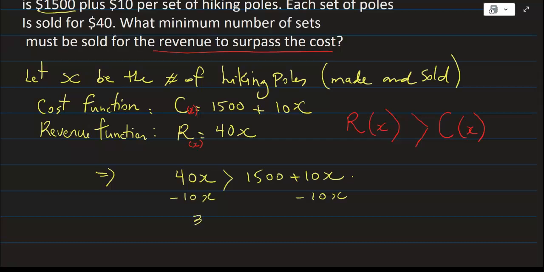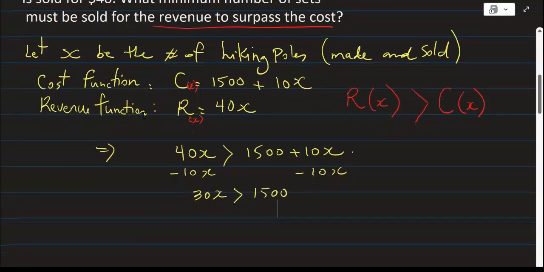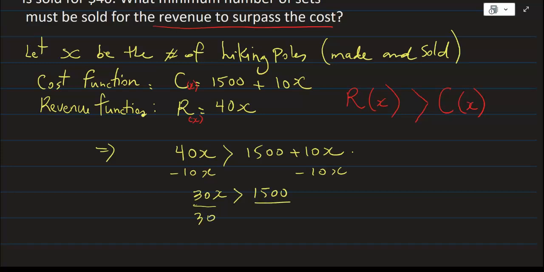We get 30x greater than 1,500. Very good. Then the next step is to divide both sides by 30, and we get x must be greater than 50.